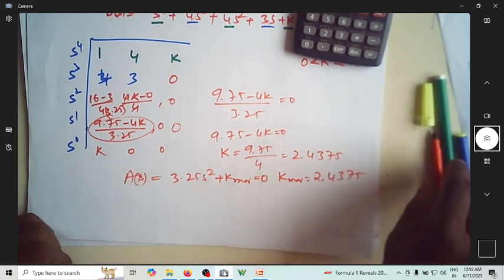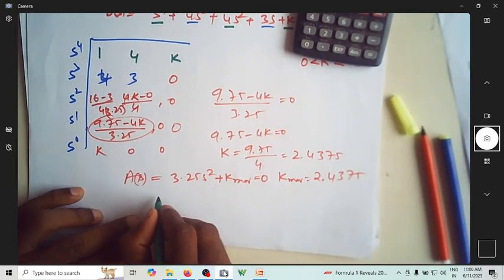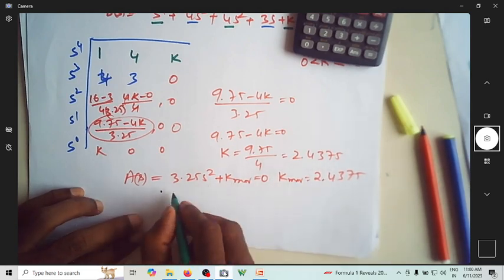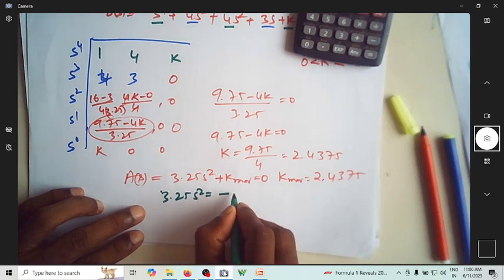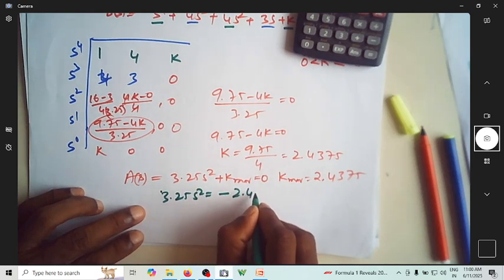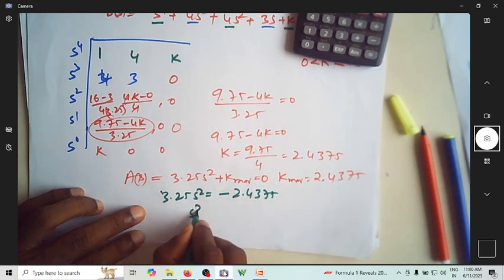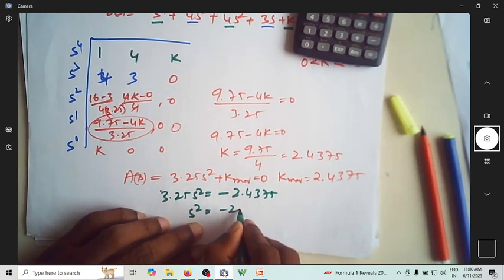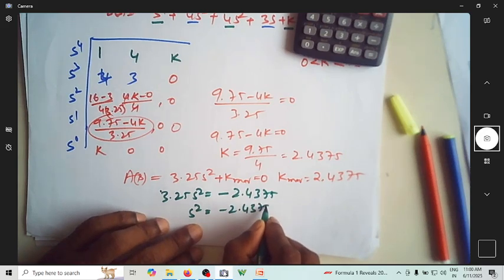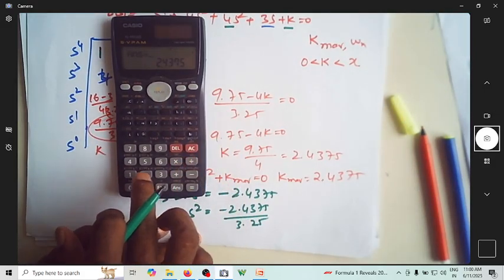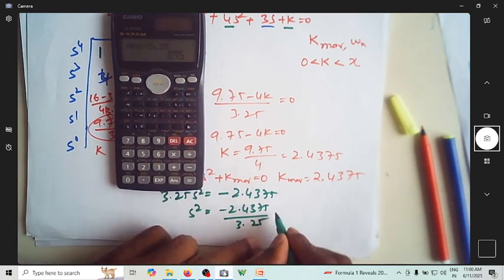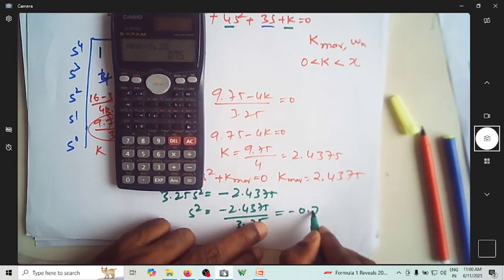Finding its roots, 3.25 s square is equal to minus k margin, 2.4375, so s square is equal to minus 2.4375 divided by 3.25, which is minus 0.75.